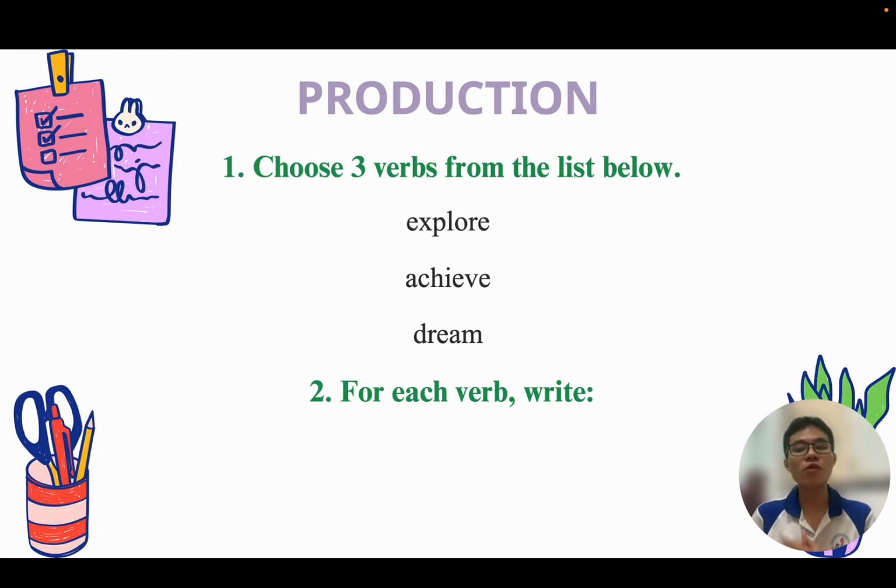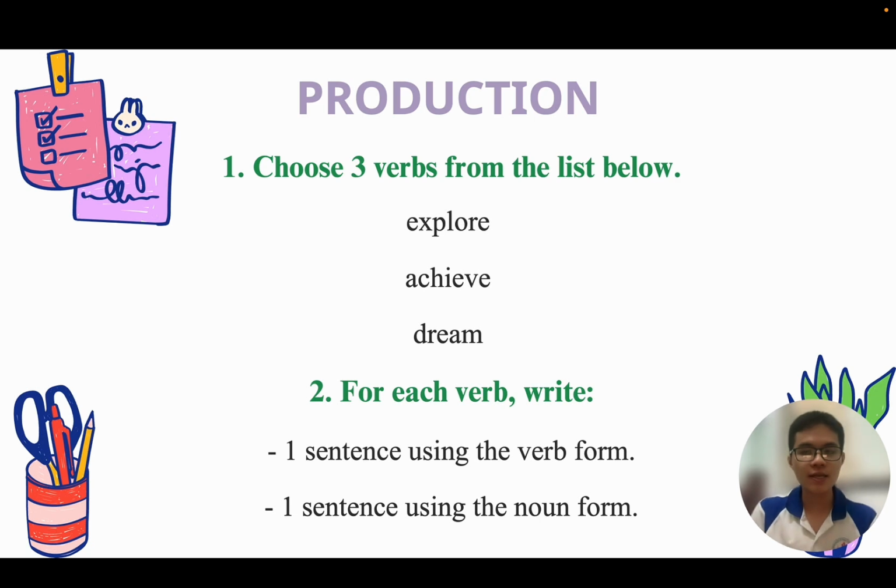I have explore, achieve, and dream. From these verbs, I want you to write 2 sentences. For each verb, you are going to write 1 sentence using it as the verb form, and 1 sentence using it as the noun form. And that is also your second instruction.